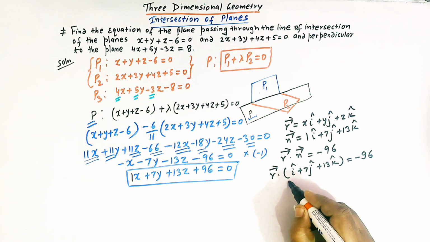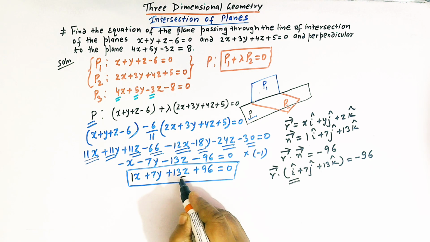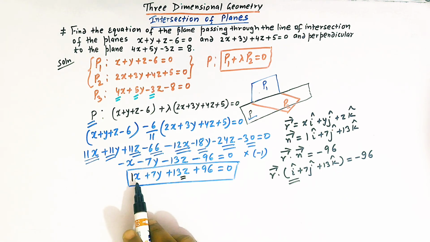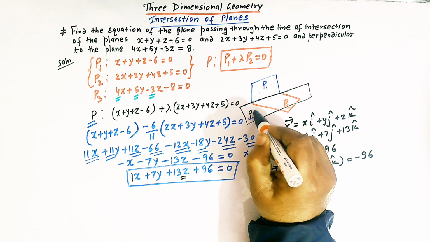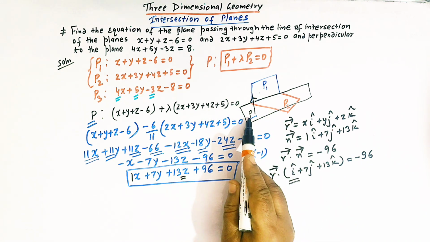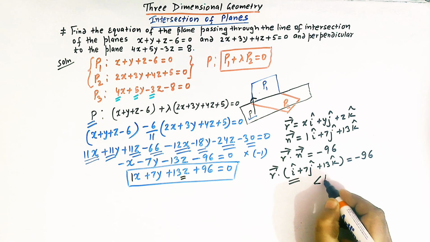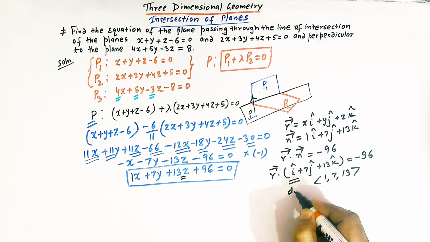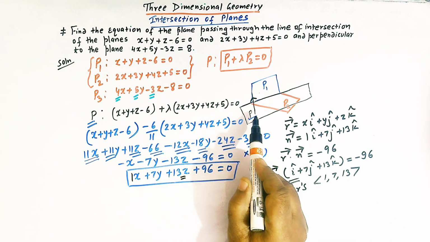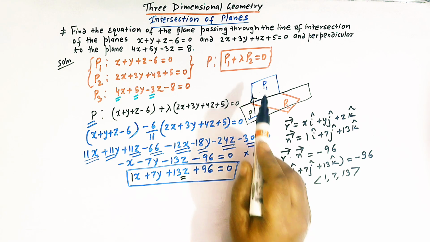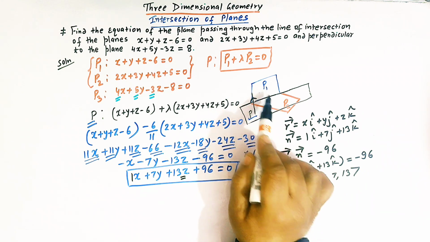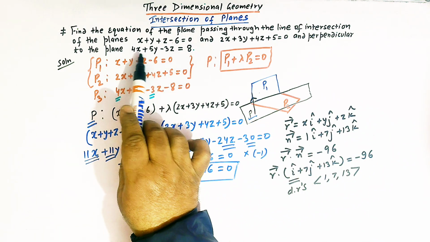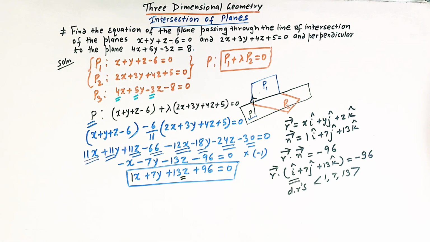So from this vector equation or from this Cartesian equation, it is quite evident that the direction ratios of the normal vector to this plane P are given by 1, 7, 13, right? So these are the direction ratios of the normal vector to this plane P, which passes through the line of intersection of P1 and P2 and perpendicular to this plane 4x plus 5y minus 3z is equal to 8.